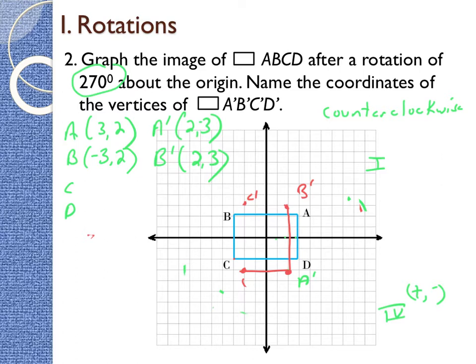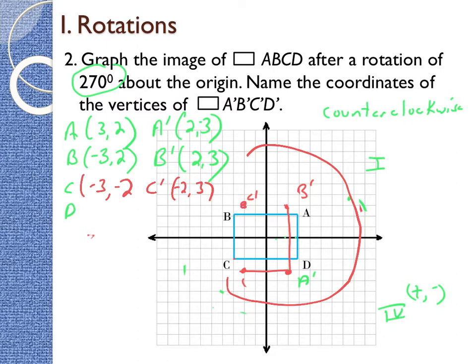C started out -3, -2. So C prime, we're going to reverse those. And C is going over 1, 2, 3, so it's going to go negative, positive. So -2, 3. There's our C prime. And then D started out 3, -2. So D prime is going to go over 3, so it's going to go to 2 negatives.